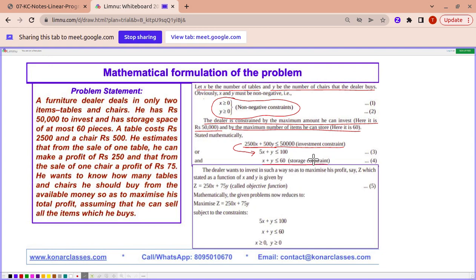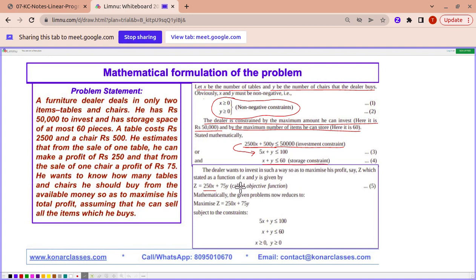By selling one table the profit is rupees 250. So, by selling x number of tables, the profit will be 250 into x. In a similar manner, by selling one chair, the profit is rupees 75. So, by selling all the y chairs, the profit will be 75 into y.